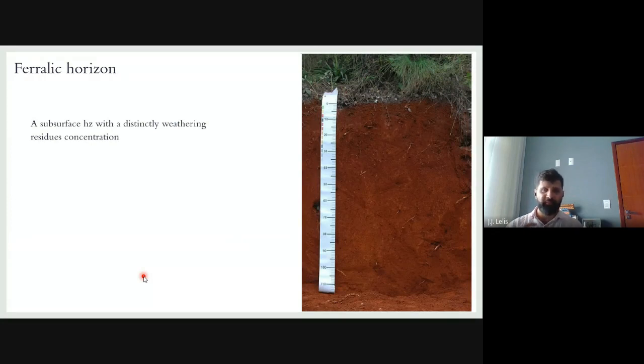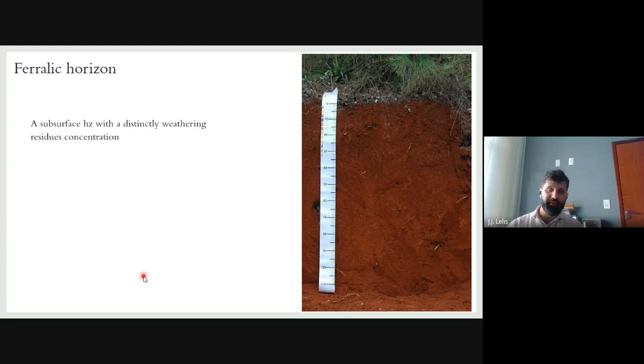We can't see a lot of fragments of rocks of the parent material, or a sandy fraction that's composed of easily weathered materials like pyroxene, feldspar, plagioclase, and other minerals that can be easily weathered.